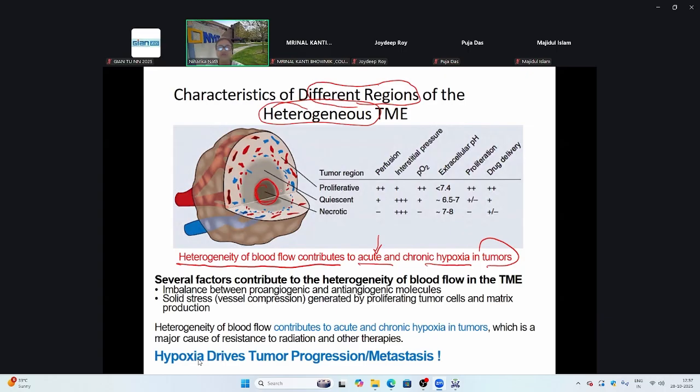If it's acute in the center, then those cells behave differently. This is necrotic, meaning it's really dying tissue. There's barely any oxygen, no PO2, no oxygen pressure. Its pH is kind of normal, but there's no proliferation, and it may or may not take the drug delivery.